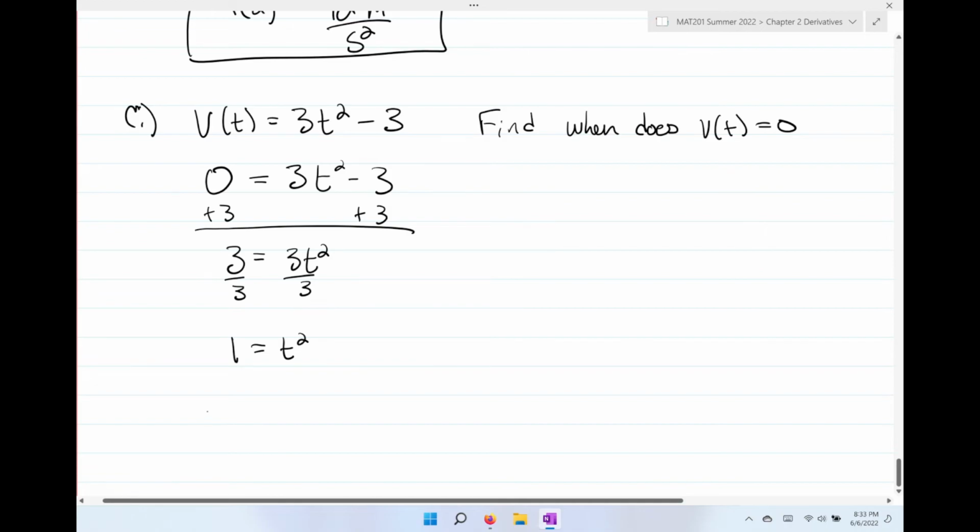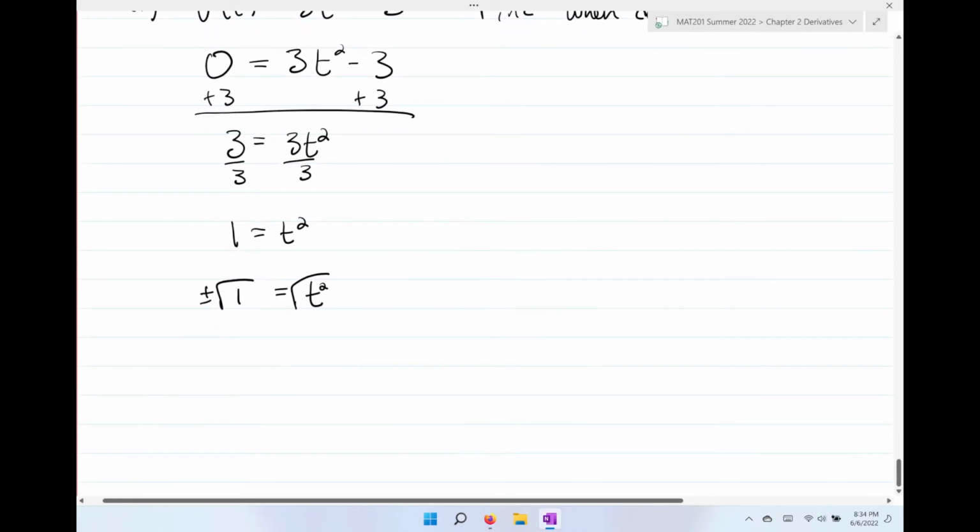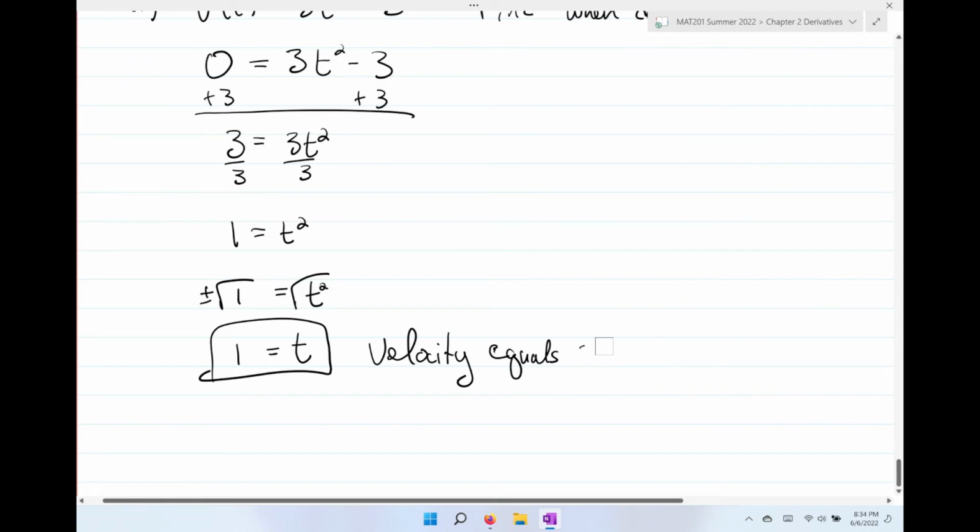Taking the square root of both sides, we get plus or minus the square root of t squared, which we know time always moves forward. If we could go backwards in time, that would be amazing. But the velocity equals 0, and I'll just write the number, at t equals 1 second.